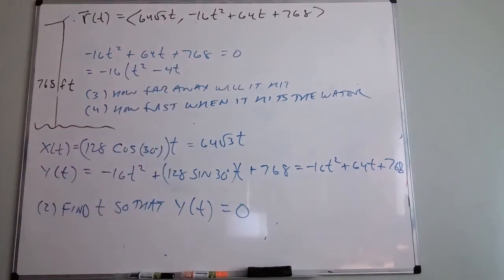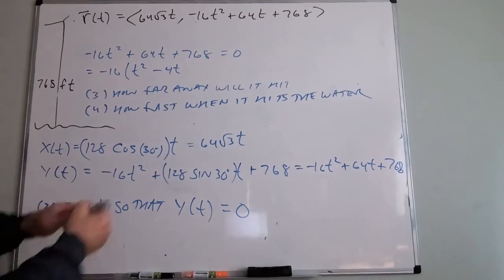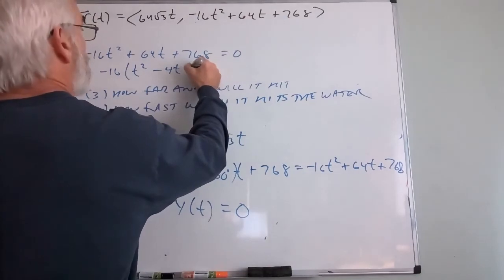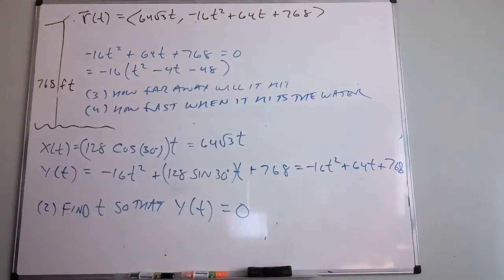Now, how many times does 16 go into 768? I believe that's 48 times. Let me check. 768 divided by 16 is, yep. So that would be minus 48. Let's see, did I do that correctly? Make sure my algebra is good here.